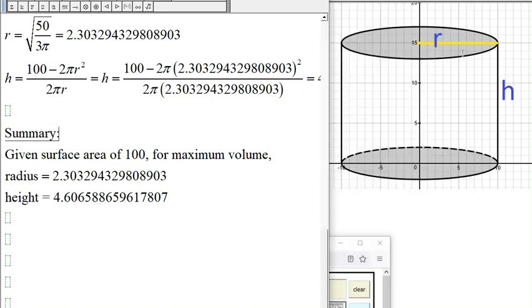So given that the surface area is 100 square inches, the height should be about 4.6 inches and the radius should be about 2.3 inches.